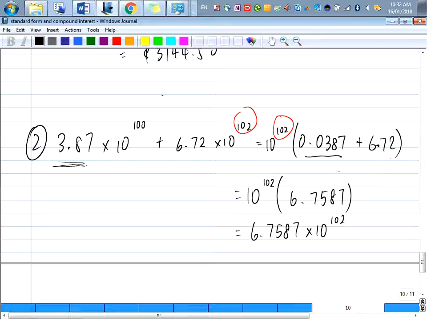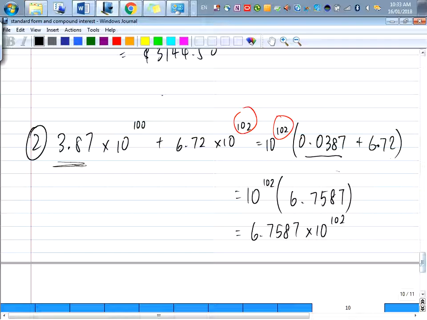When I first looked at this, I had a question. Why choose to take out power 102? Don't you think it is easier to take out power 100? Do you think it is more convenient to take out power 100? Let's try and see what happens. All done with copying this down? Over on the screen right now, this is what I recommend.